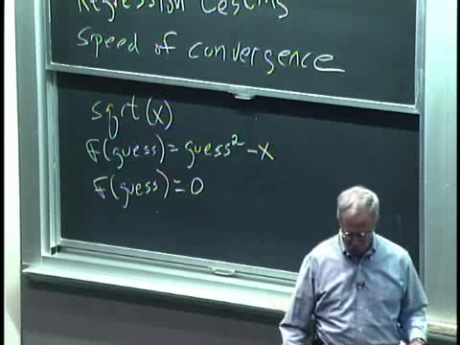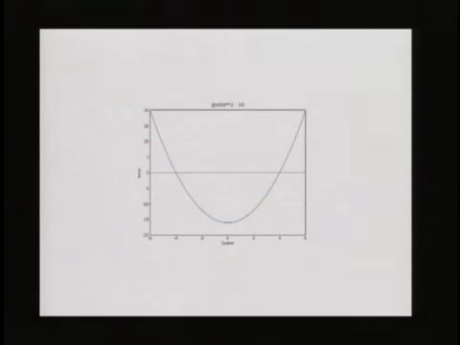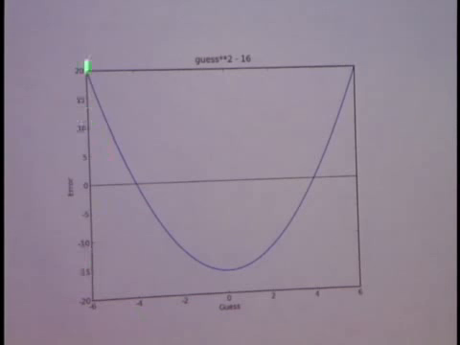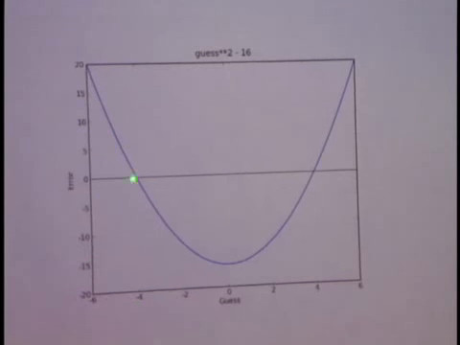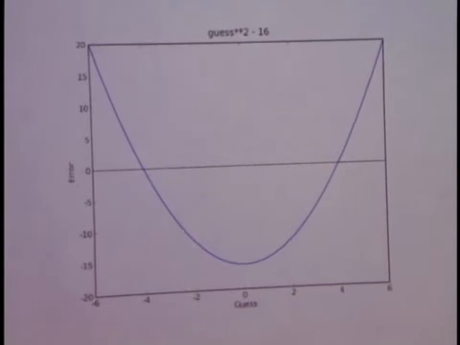So if we look at it pictorially, what we've got here is we're looking at f of x. I've plotted it here, and we're asking where it crosses the x-axis.